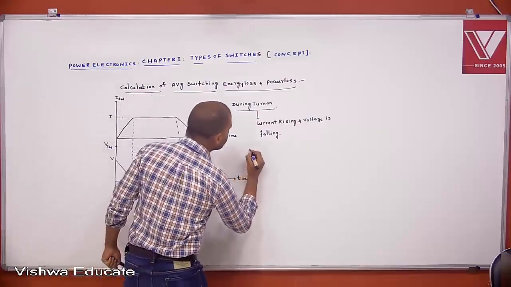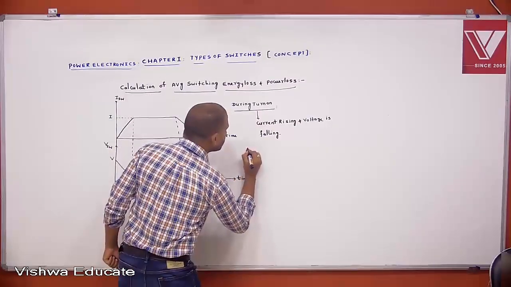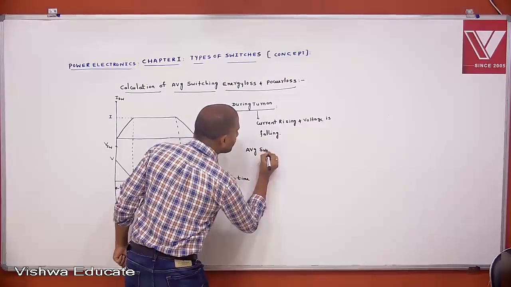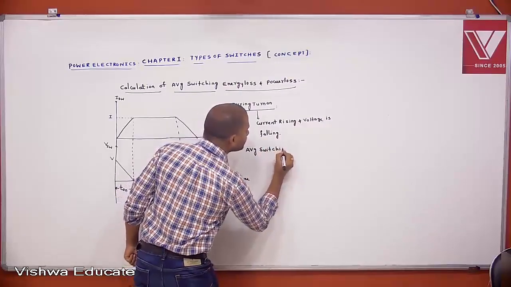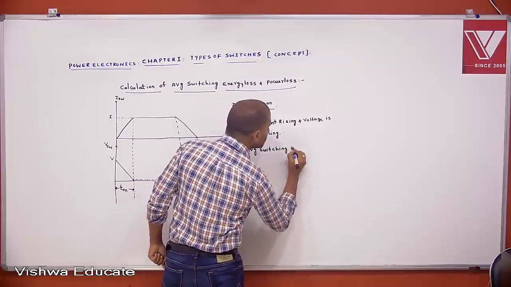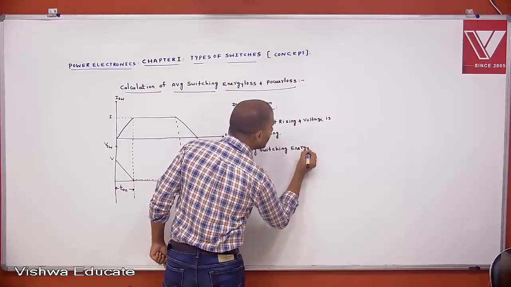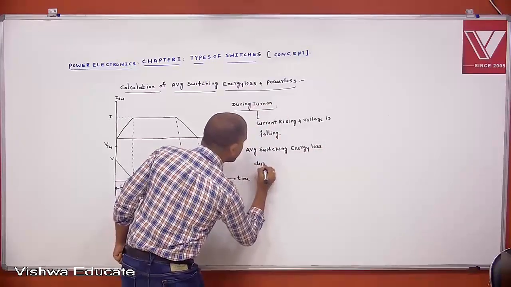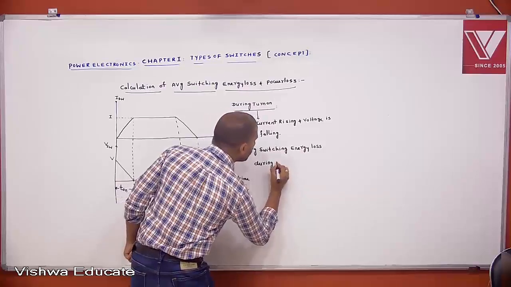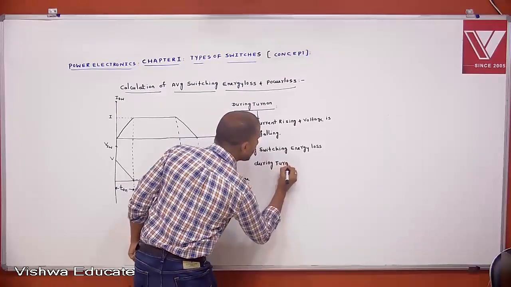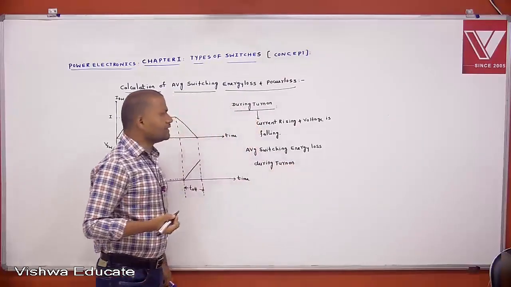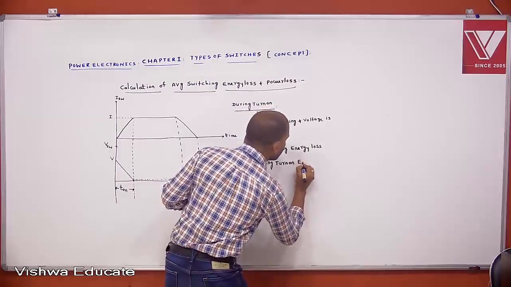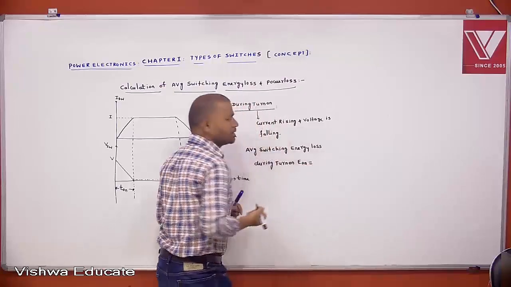Now the average switching energy loss during turn on, that is E on, the on state energy loss.